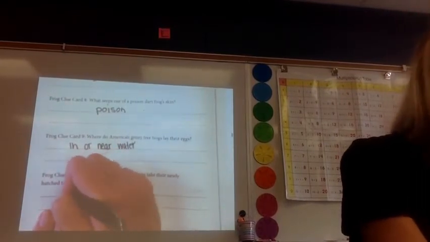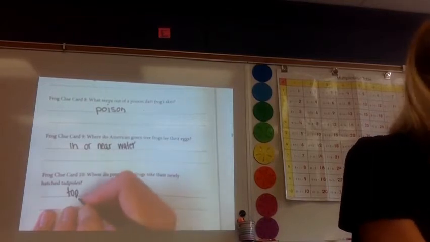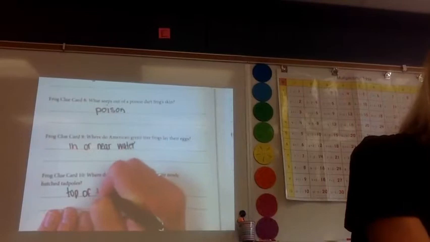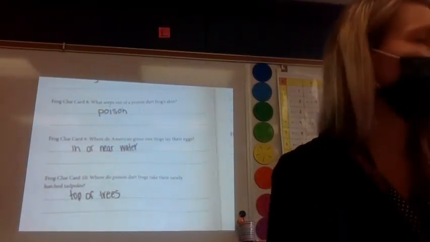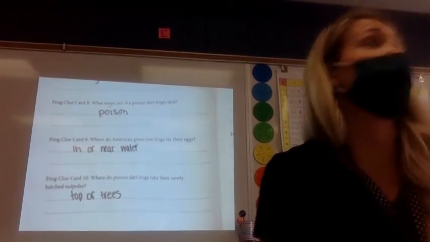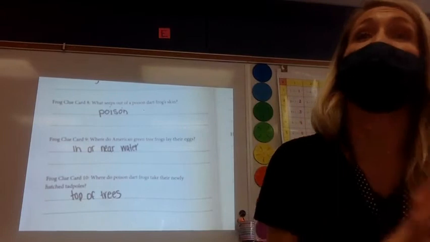Okay. You say tops of trees? And that's what canopy means, the top of a tree. Tops of trees or canopies. Now that is a very interesting place for a newly hatched tadpole to go, right? So already we're starting to see some difference between toads and frogs.